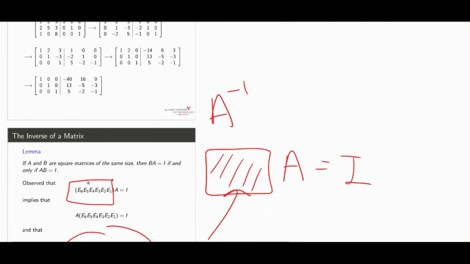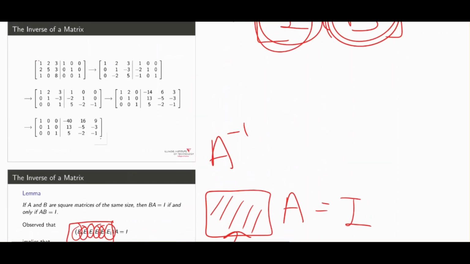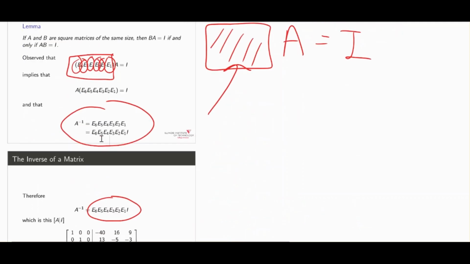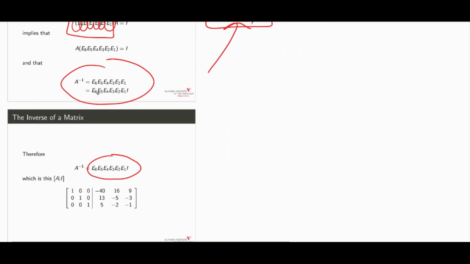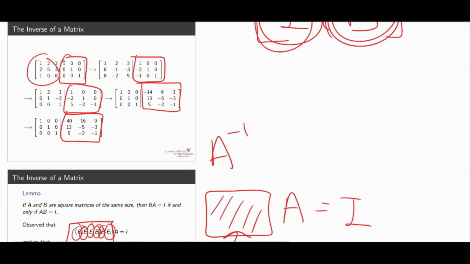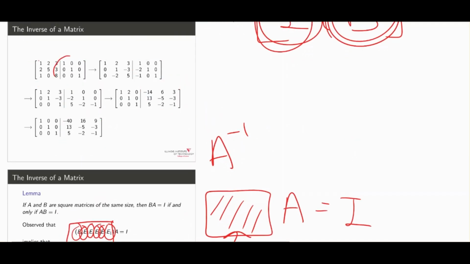So when E6, E5, E4, E3, E2, E1 act on A, they also act on this matrix right here. Exactly the same operations act on this as well. So this A inverse, which is E6, E5, E4, E3, E2, E1 I, is exactly the same row operations that you get for doing E1 of this, and then E2 of this, E3 of this, E4 of this, E5 of this, E6 of this.